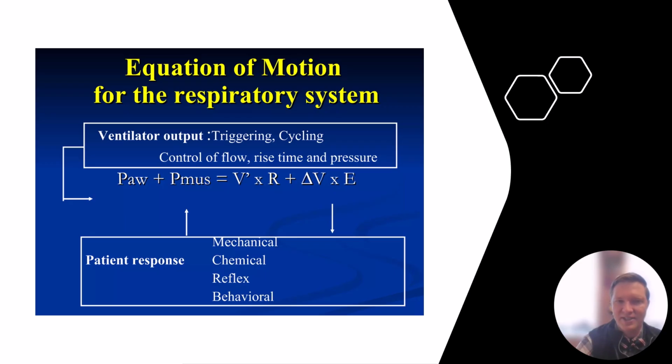Whether it's mechanical, or if I give them some pharmacological interventions, maybe there's a reflex going on, maybe there's something I can adjust to help them have a better expansion of the tissue, whether it's diuretics, if they have edema going on and they're safe to do that. Those are the things that we can look at here.